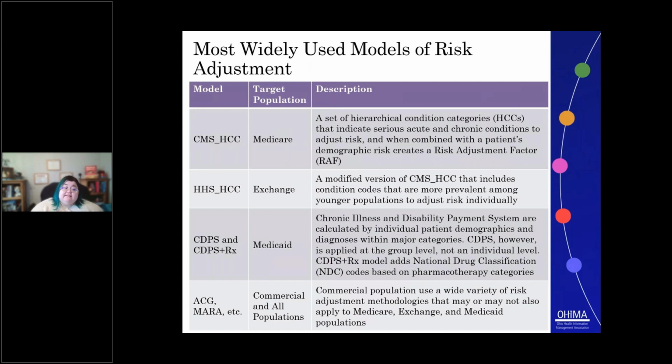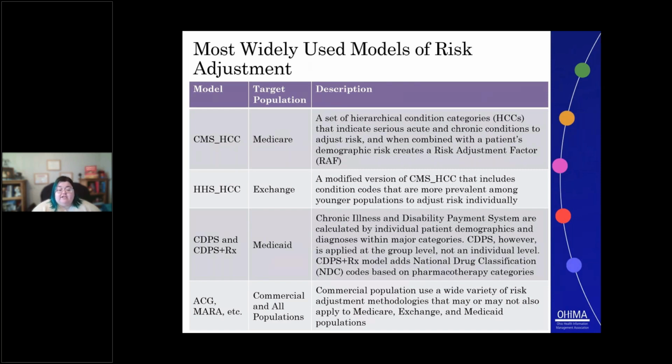So that brings us to the next model, which is the HHS, or Health and Human Services HCC model. It's calculated very similar to the CMS HCC model. However, the HCC categories and codes have been modified to apply to a younger, non-Medicare population. And it's most widely used in the health insurance exchange plans.